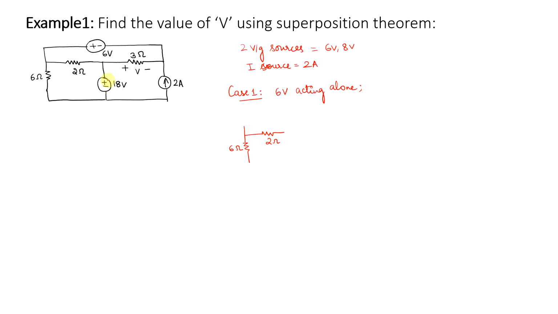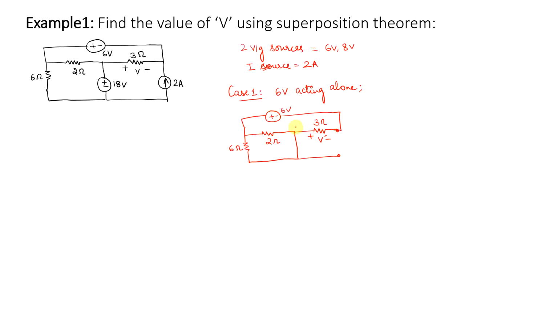This voltage source, when made inoperative, will be considered as a short. Then I have a 3 ohms resistance. The voltage V, I will now name as V dash. The current source will be converted into an open circuit because this is to be made inoperative. Then I consider only the 6 volt source acting alone.